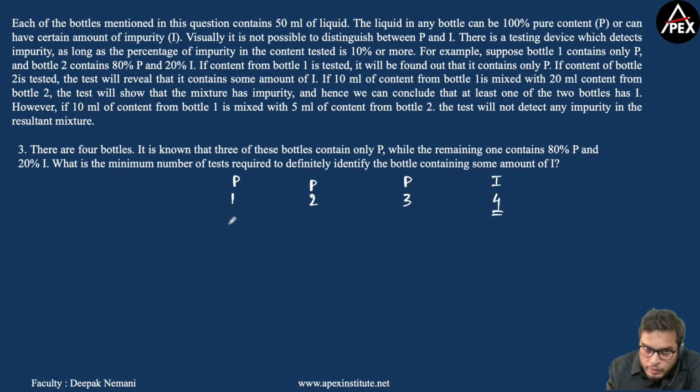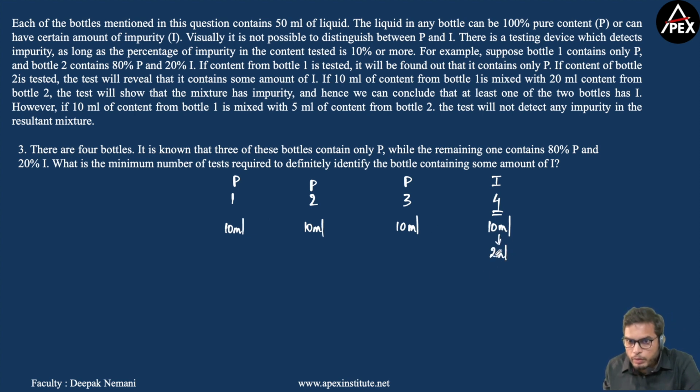Now for that, let me consider equal volumes of liquids from these 4 bottles: 10 ml, 10 ml, 10 ml and 10 ml. There will not be any impurities in these 3 liquids, whereas you will have impurities of 2 ml from this liquid.